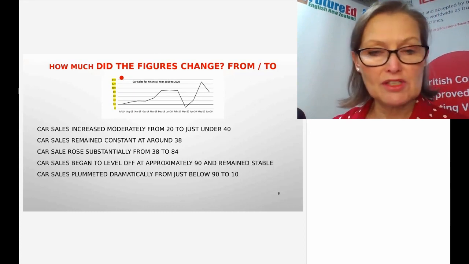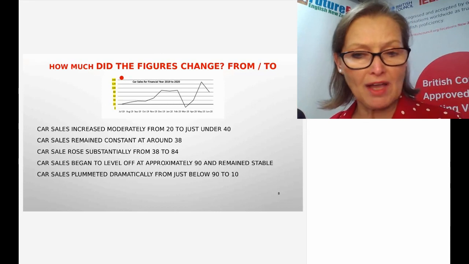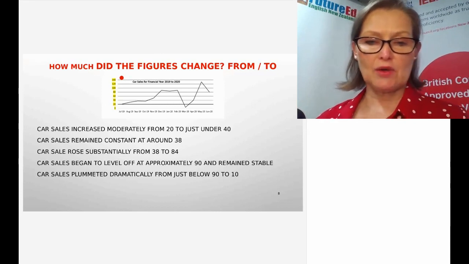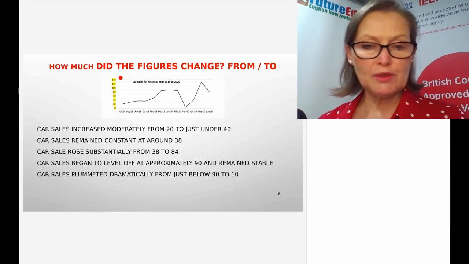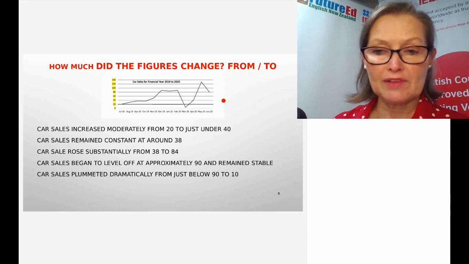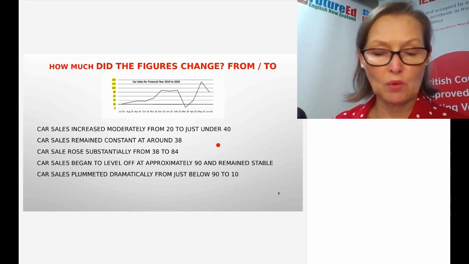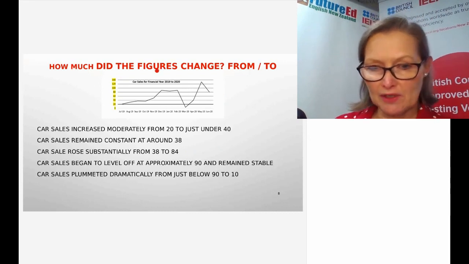Remember I mentioned in the earlier lesson that my collocation is very tight, and so these are the words you need to use. You don't actually need much else, and the tighter you keep it, the more accurate your language of reporting will be. So let's have a look here.